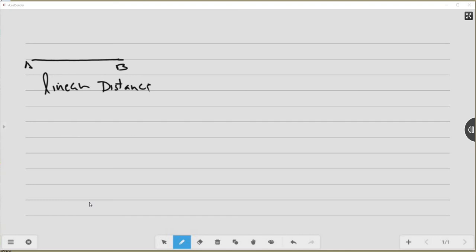Any of you going into landscaping or even architecture, you've got to know the difference between linear distances. So for the sake of example, let's say this is 3 meters.